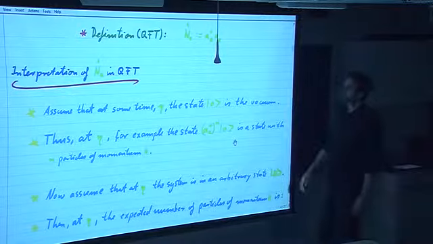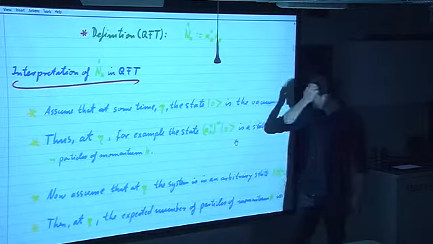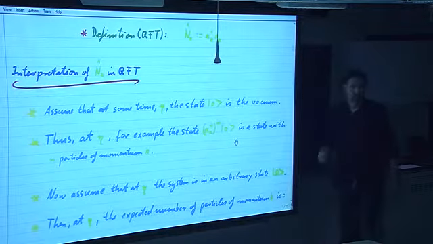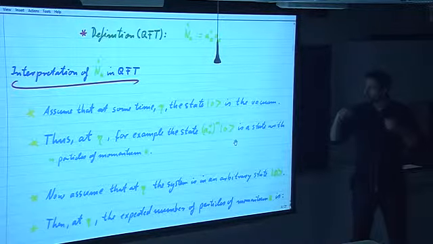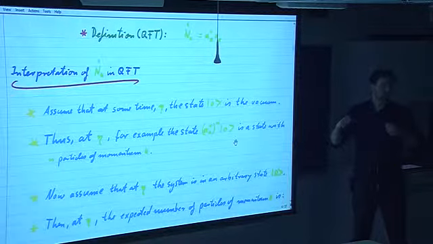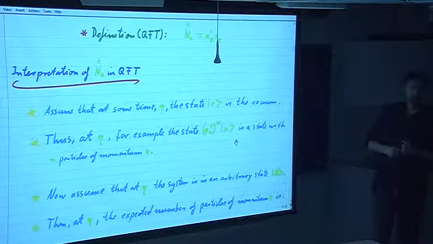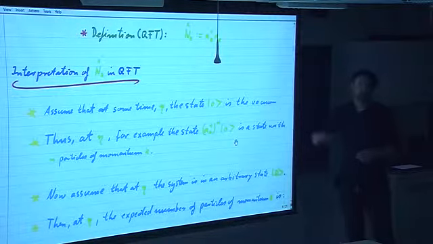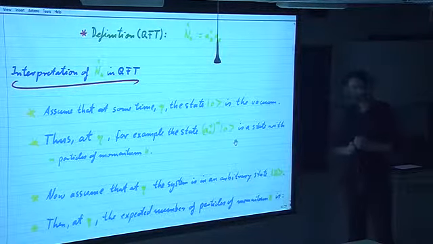Let's assume that at some time eta, this state happens to be the actual vacuum state, and whenever in quantum field theory in curved space we speak of the vacuum state, we mean by that the no particle state. It doesn't mean lowest energy, as we will find out. What we always mean by vacuum state is the no particle state.